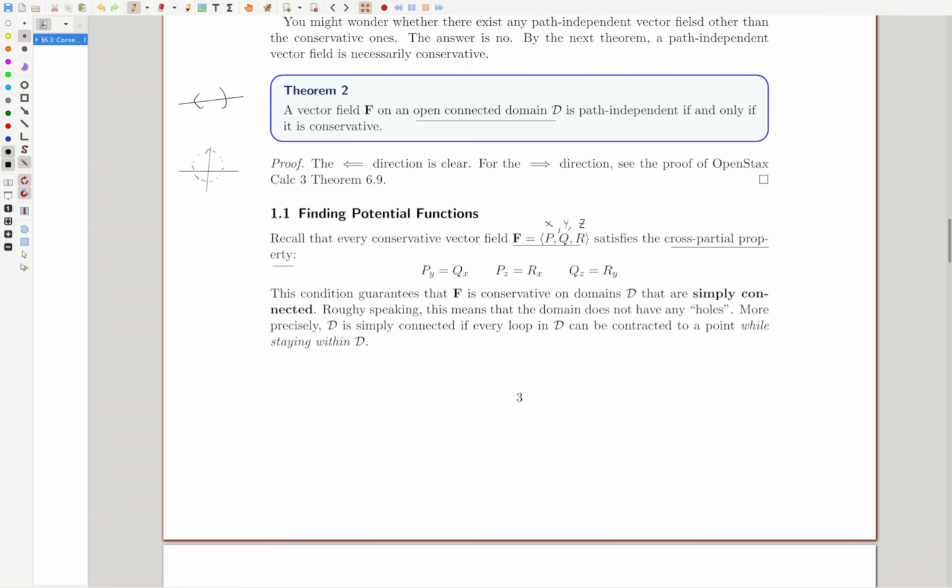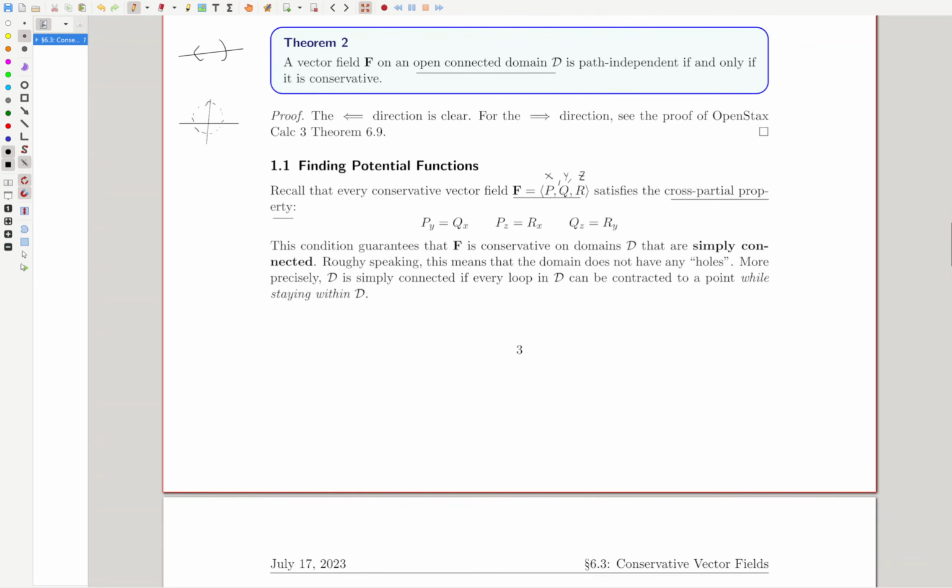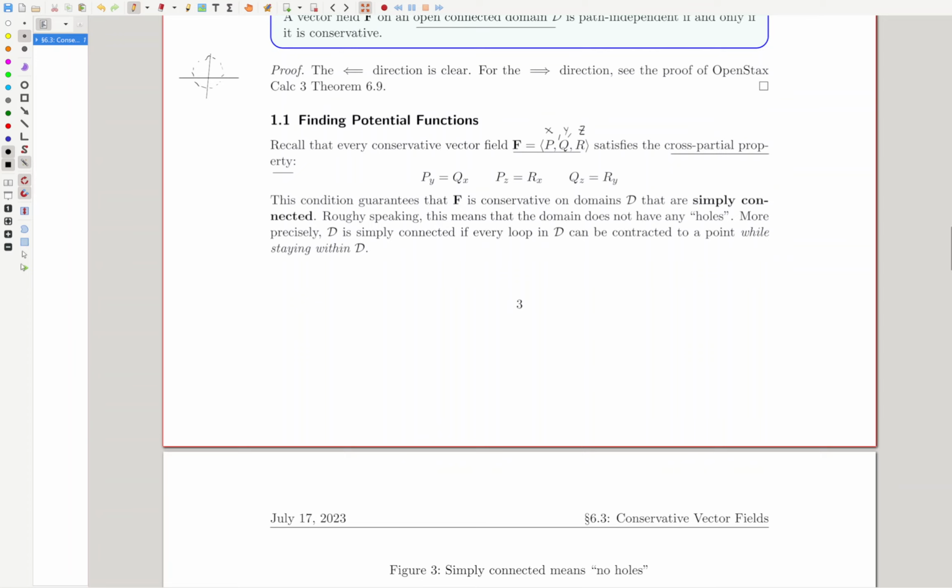If you don't have that property, then issues arise, and the vortex field is the typical counterexample to keep in mind. So it is a required condition that your domain needs to be simply connected in order for you to use that implication of satisfying the cross partial property implying F is conservative. It's necessary that your domain is simply connected for that implication to be true.